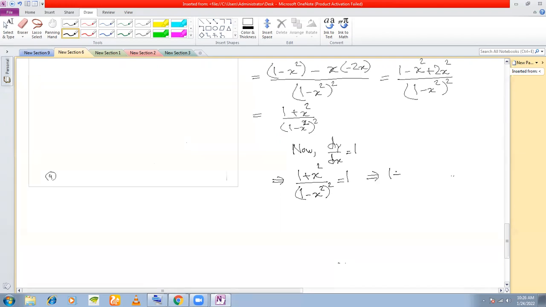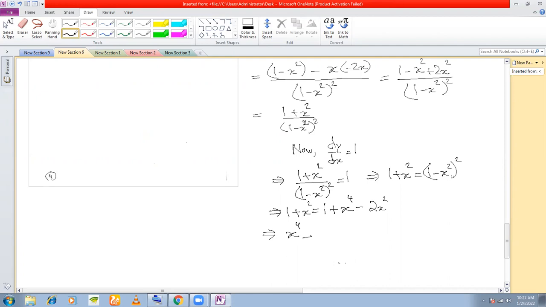That means 1 plus x square must be equal to 1 minus x square whole square. Now expand this by (a minus b) whole square. So you get 1 plus x to the power of 4 minus 2x square. Right? You take everything to one side.